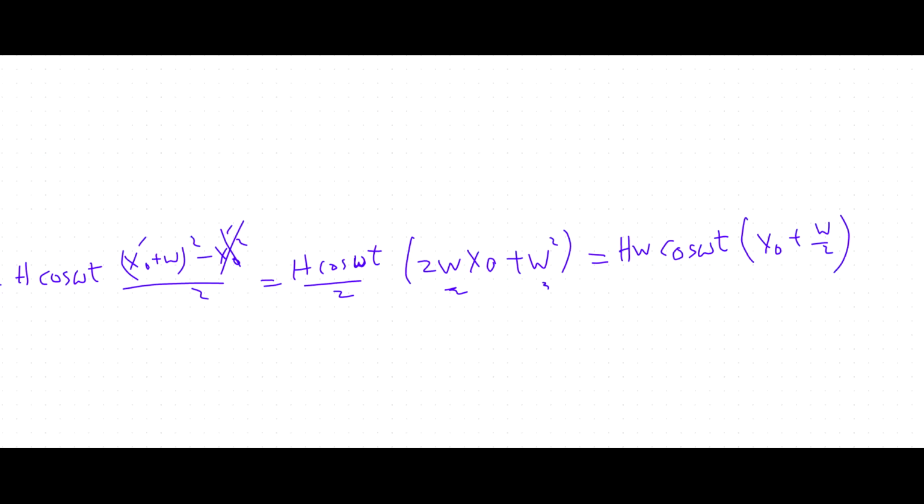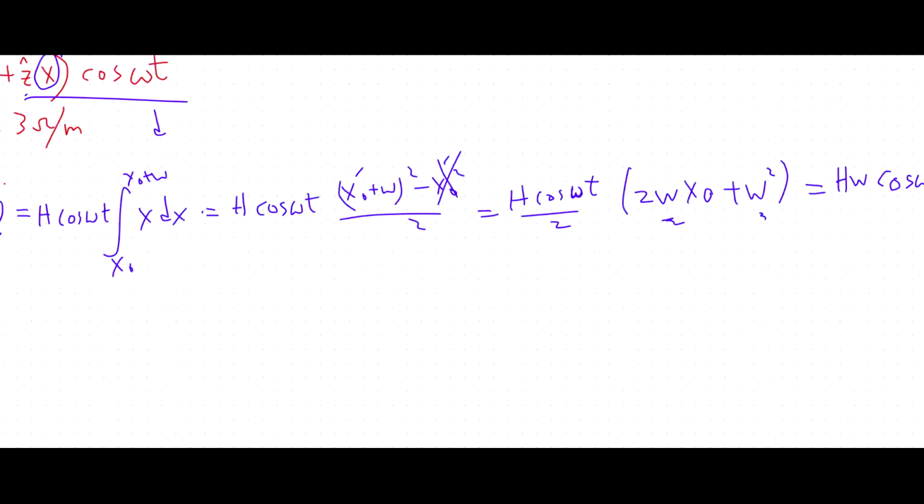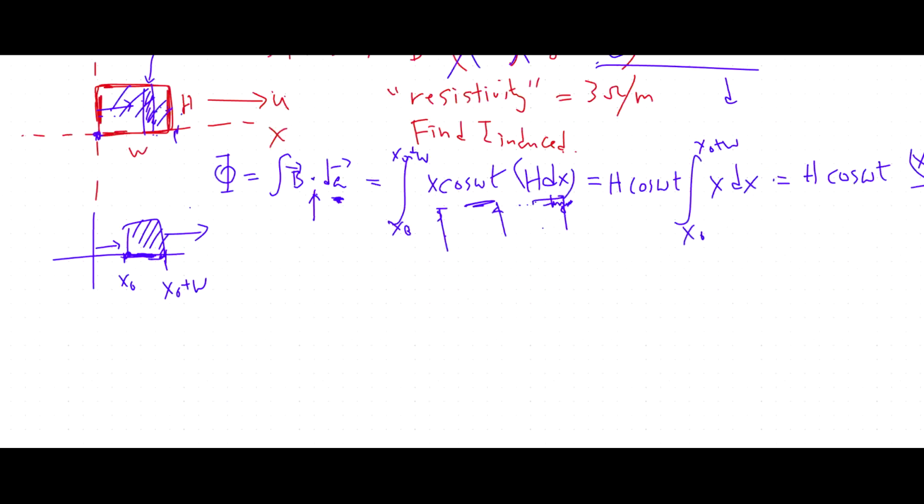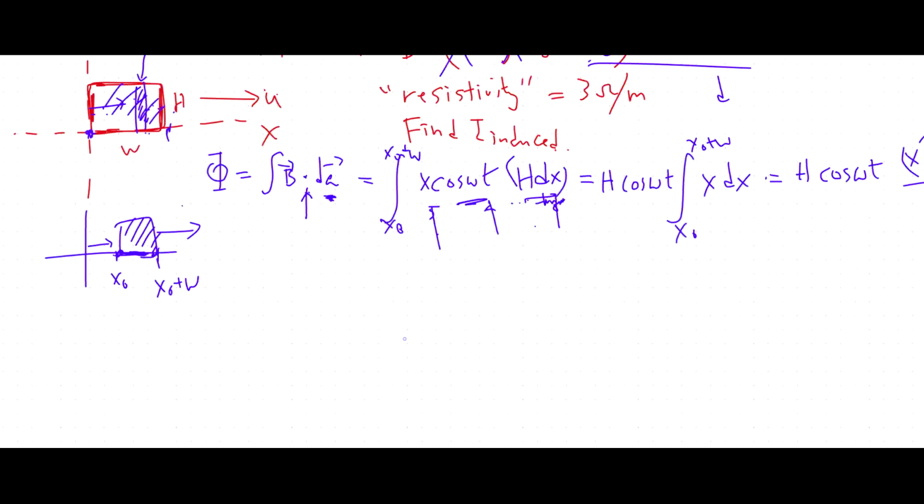This is the flux. All this is calculating the flux that goes through this rectangle at any given time. And to find the EMF, I need to take a derivative because the EMF for the number of turns would be minus n, where n is the number of turns, d flux dt.